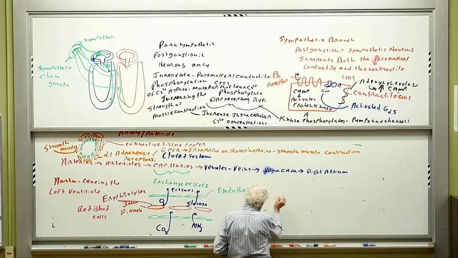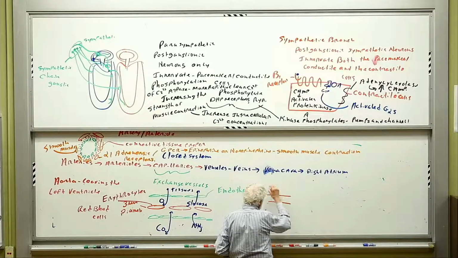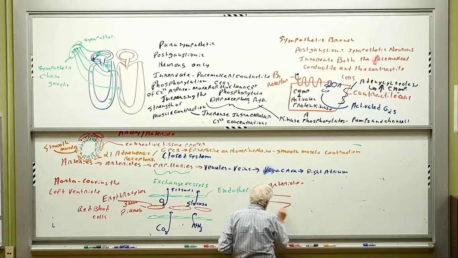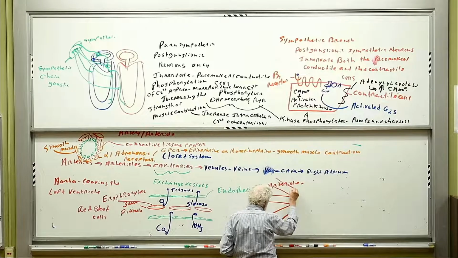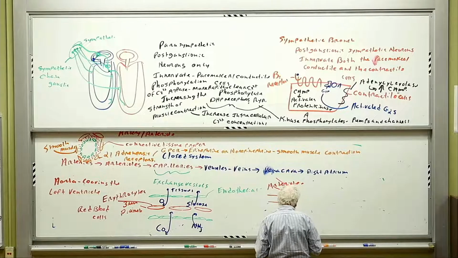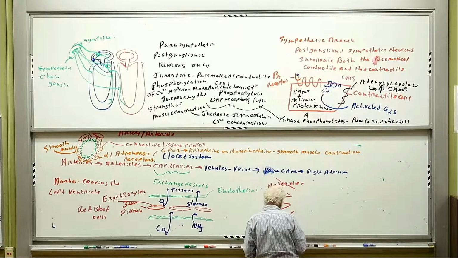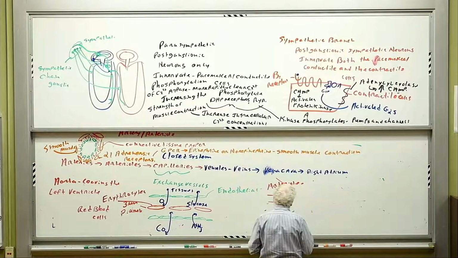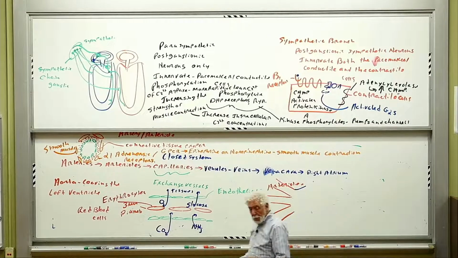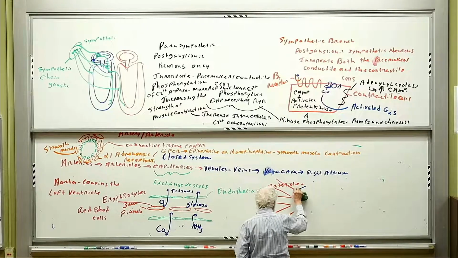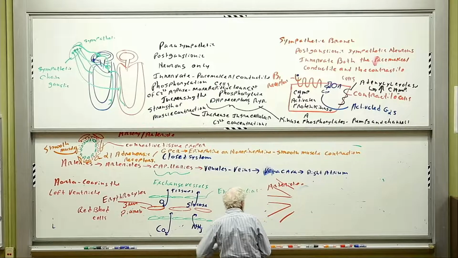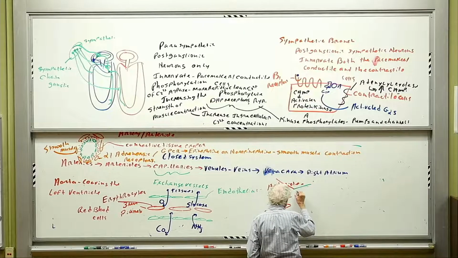So let's imagine we have these series of arterioles. And they are then feeding into a series of, I better put it in green, a series of capillaries.